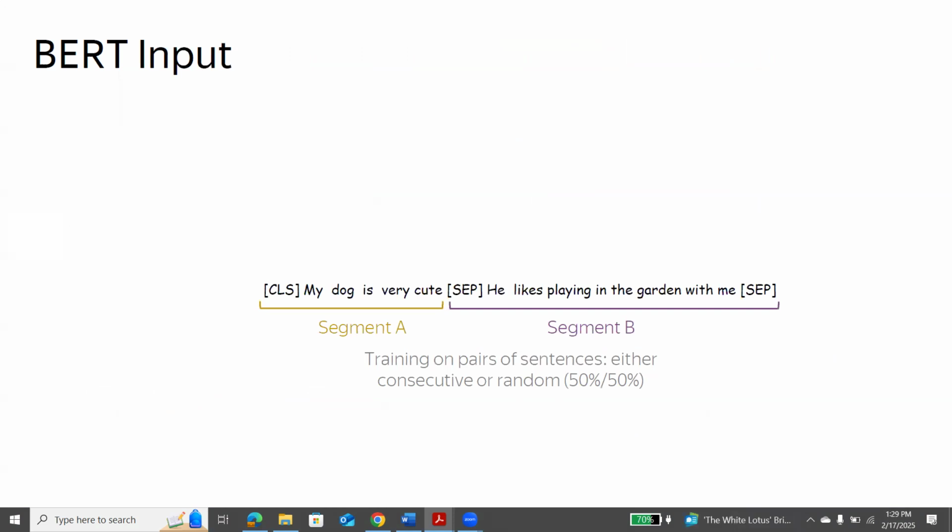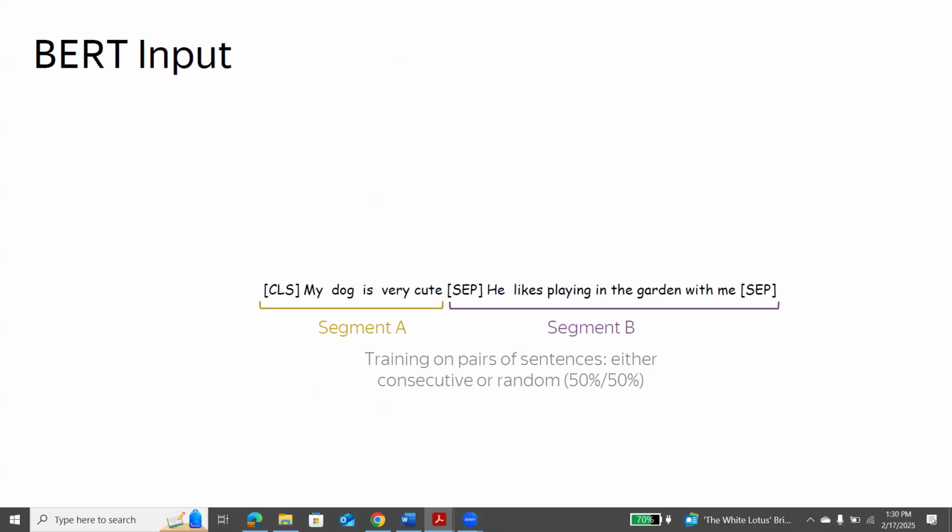So the input to this model looks as follows. Two sentences, separated by a special token SEP. They also introduced, in your dictionary you can introduce an embedding for a new token, a new token called classifier, CLS. And one of the tasks was to classify whether the second sentence actually is a continuation of the previous one or not.